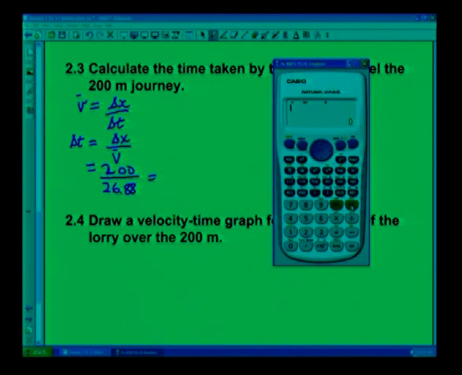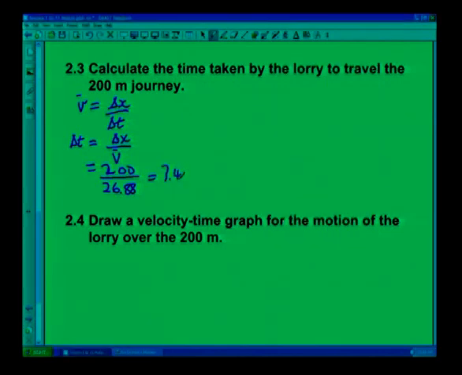So that is 200 divided by 26,88. And then we find the answer to be 7,44. So the time taken for the whole journey is 7,44 seconds. Okay, so that is the time.